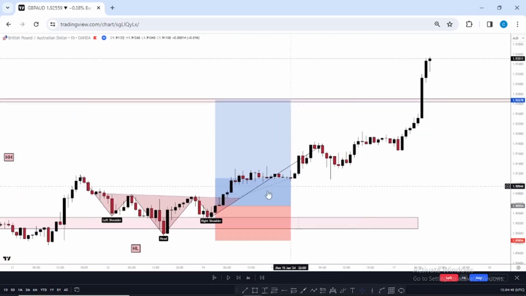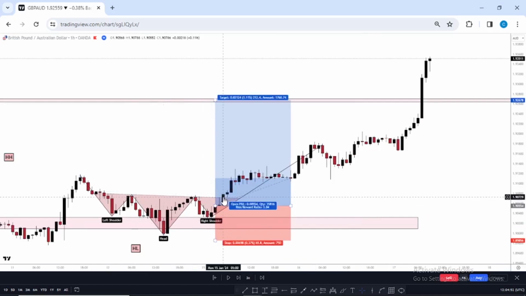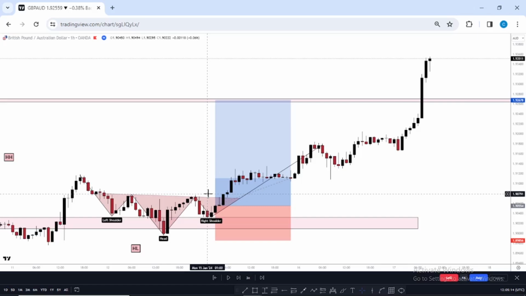Now take a look at the breakout of our neckline. Take a look at the candlestick that broke out of the neckline. A Marubozu candlestick. Full volume closure of the candlestick. So now after price closed like this, that's when we went in for our second entry.